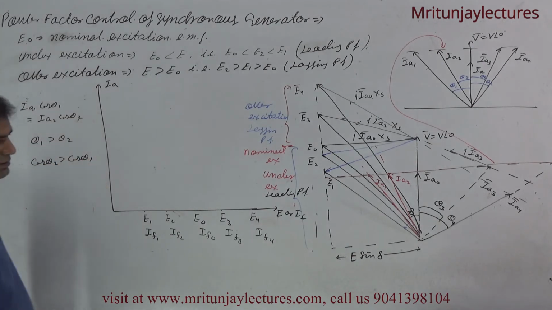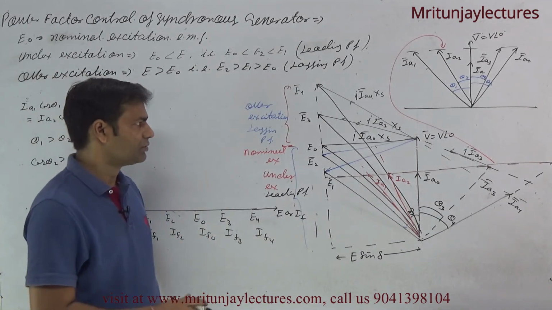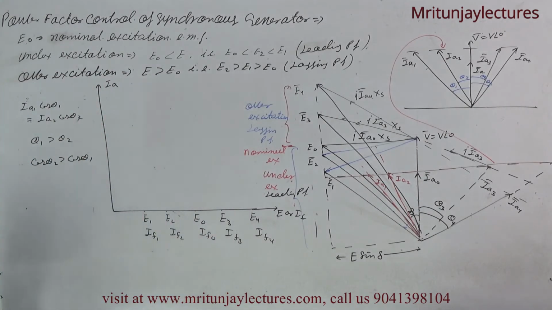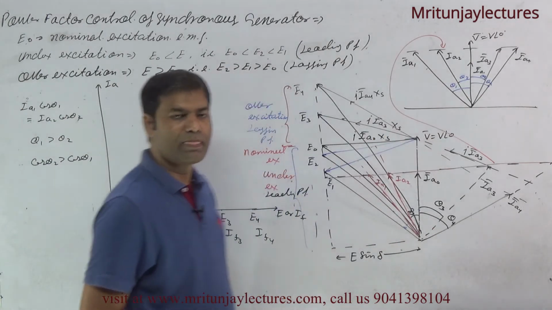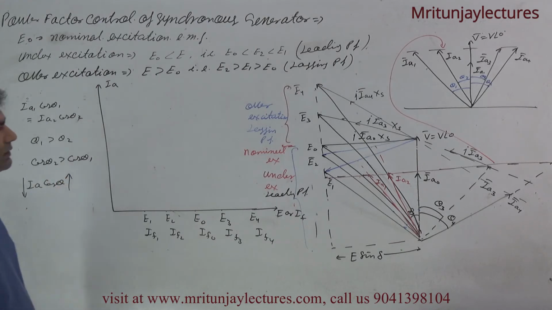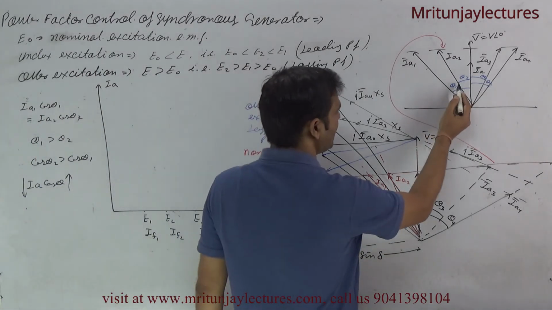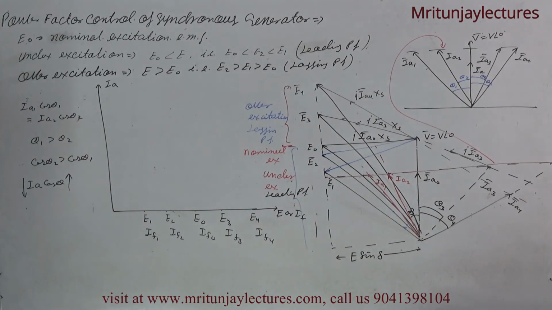It means if current goes from IA1 to IA2, the angle theta and power factor improve. Power factor improves means cos theta improves, then current decreases. Clear? If power factor improves, then current decreases. Clear?